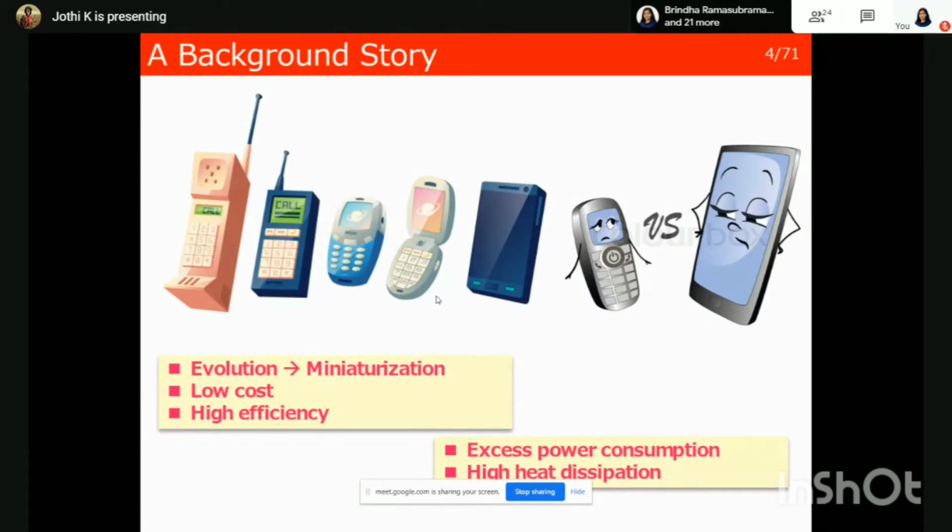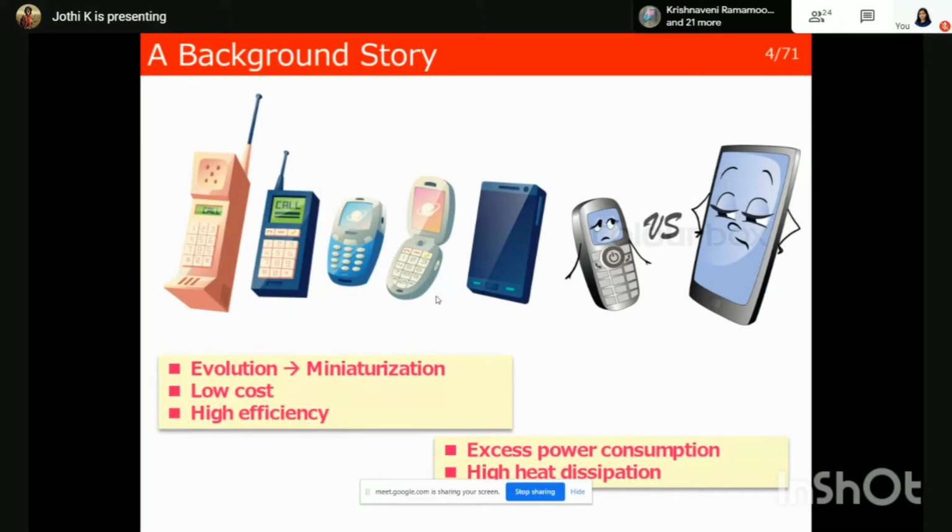One is power consumption. Your normal smartphones consume more power, and then they generate more heat. So excess power has a very easy consequence: it produces excess heat dissipation. That's the take-home message for story one.